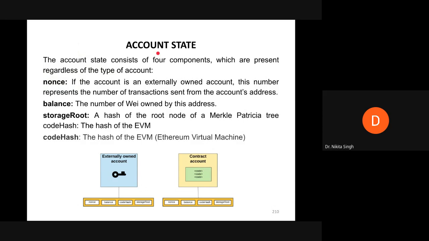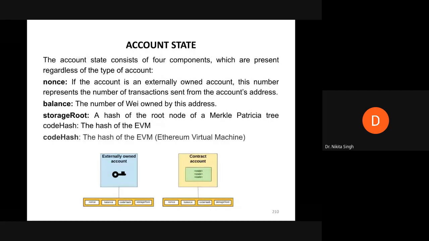Another nonce is the same nonce that we have studied in Bitcoin. Ethereum also has been using the proof of work consensus algorithm. So Ethereum uses the proof of work nonce to try to solve the hash puzzle. And we all know what the hash puzzle is.